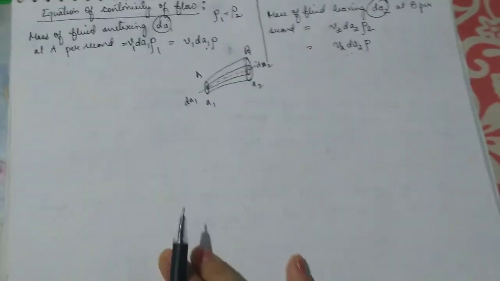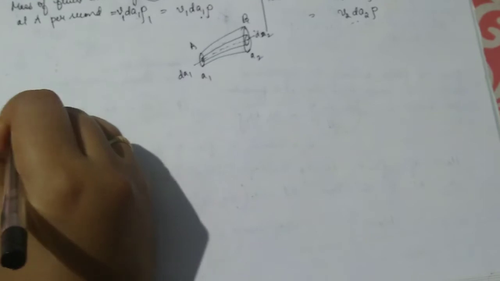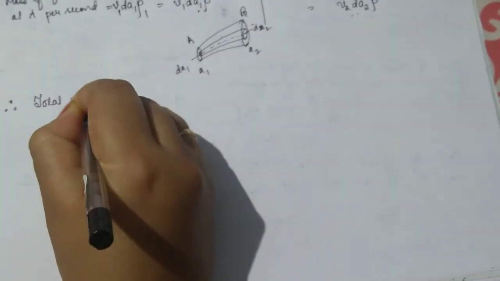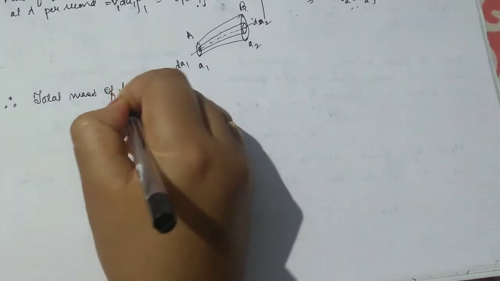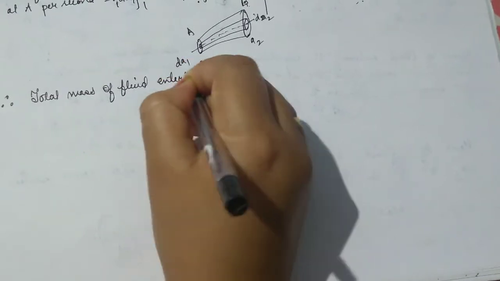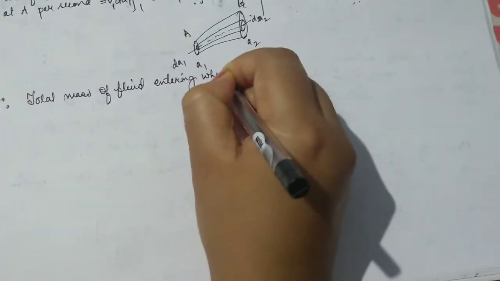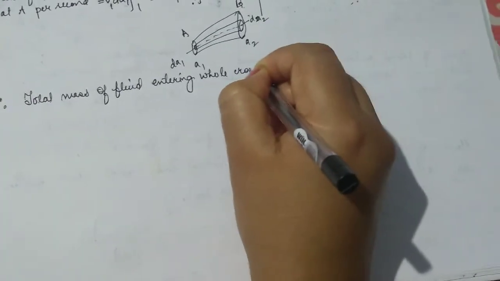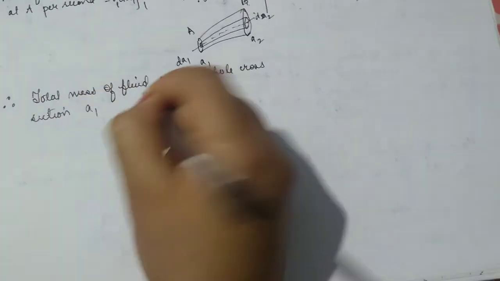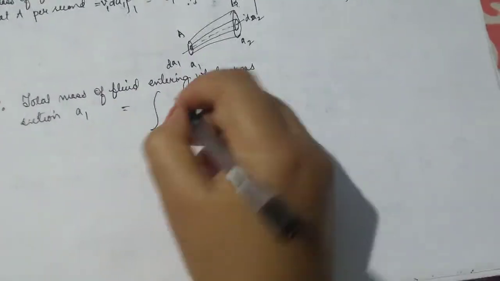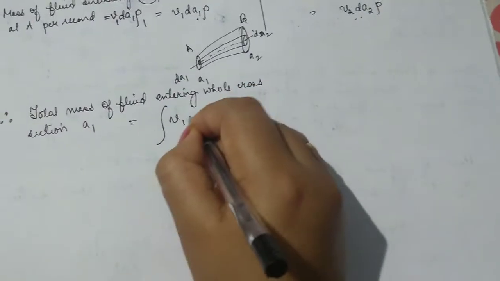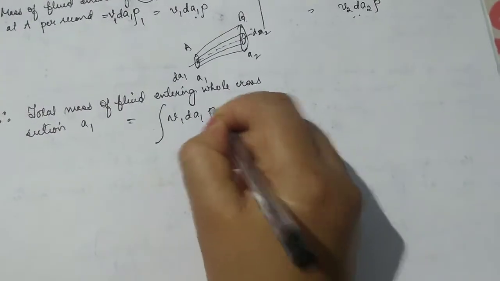Therefore, the total mass of fluid entering the whole cross section A1 is equal to the integration of V1 dA1 rho.